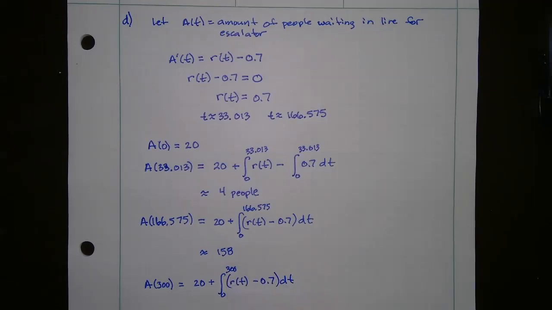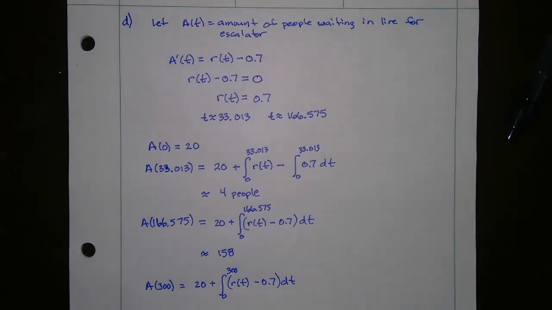And didn't we already do that one? What did we get? We got 80 people. So we already did this one. That's 80 people.